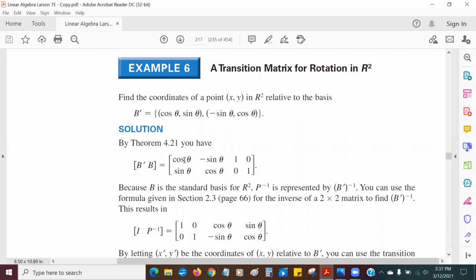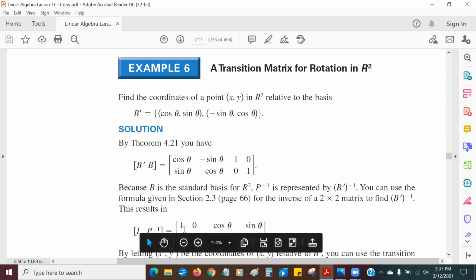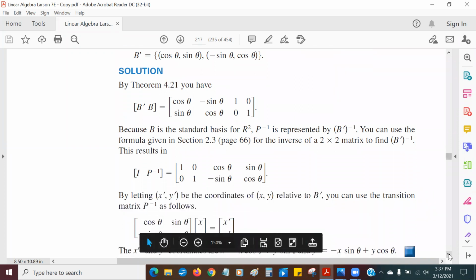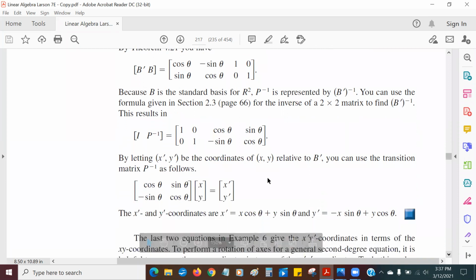We turn the left side into the identity matrix, and the right side becomes our transition matrix. Which means if I take the matrix (cosine theta, sine theta), (negative sine theta, cosine theta) and multiply that by (x, y), that's going to give me (x prime, y prime).